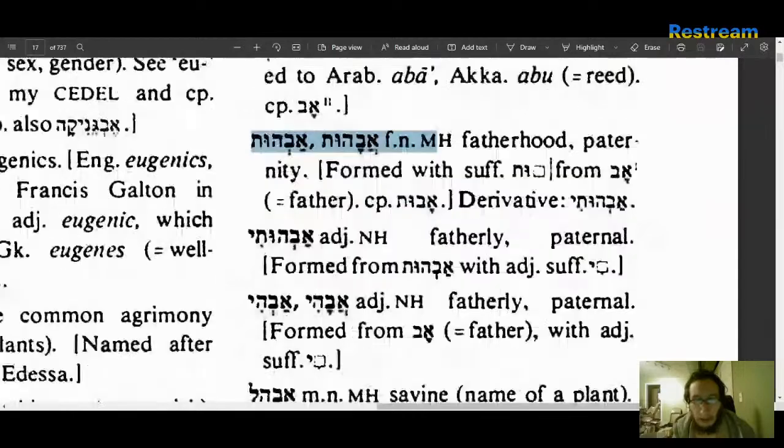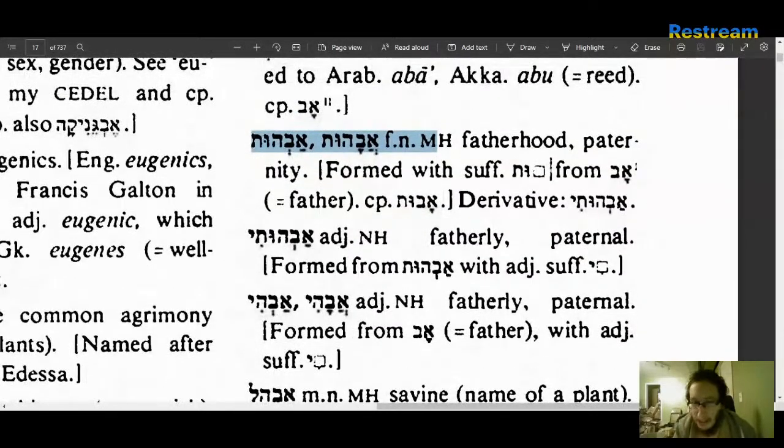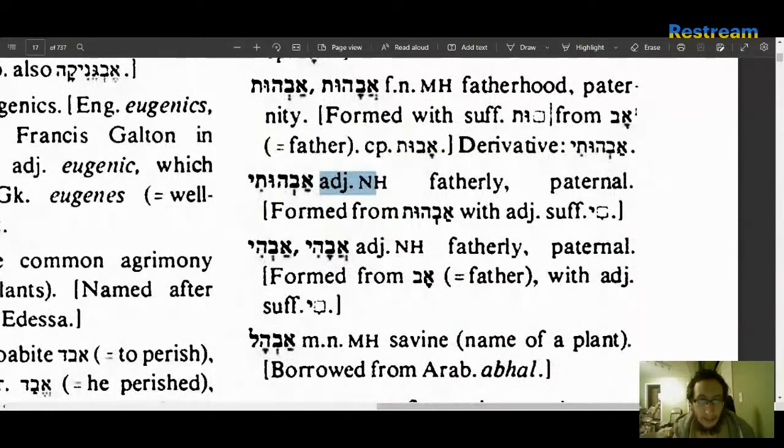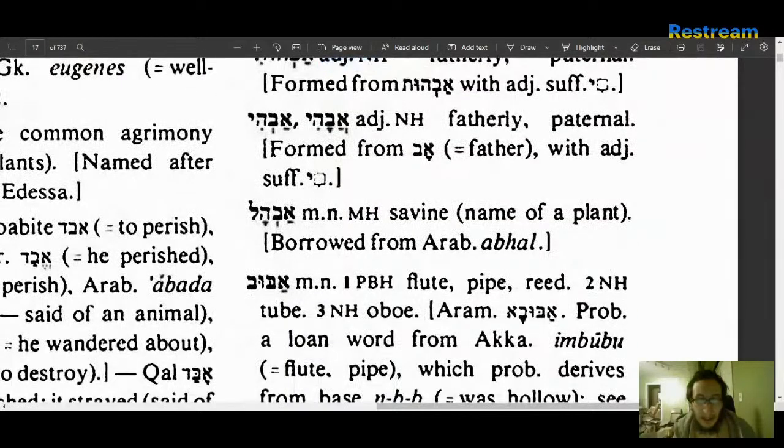Then we have, that's Mishnaic Hebrew, so it's like Rabbinic Hebrew. Modern Hebrew is fatherly or paternal, is Abihoti. Arabic has Ebhal, so that's what this word comes from.